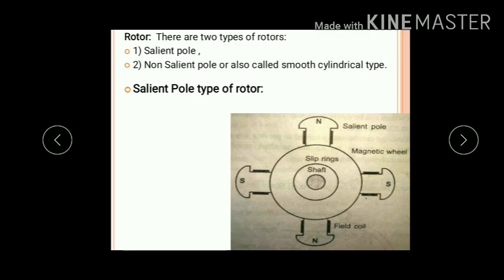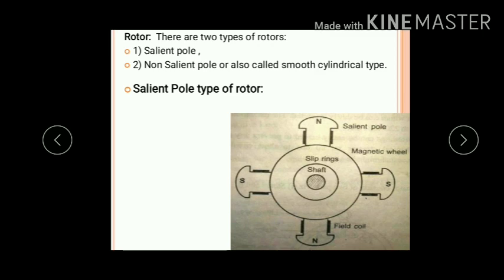So, salient pole is characterized by a large diameter and short axial length. It is suitable for low and moderate speed. It has a large number of projected poles, which are fixed by means of nuts and bolts to the heavy magnetic field made up of cast iron or steel.